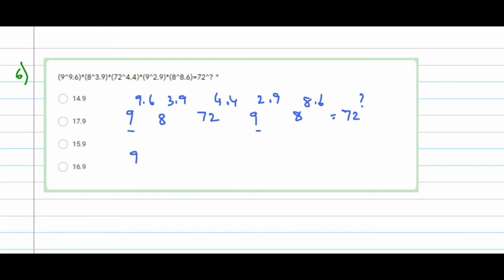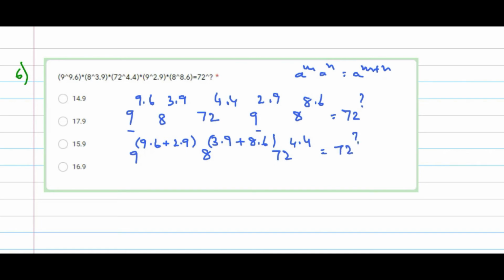So let me take 9 power 9.6 plus 2.9. According to the formula, a power m into a power n is equal to a power m plus n. Similarly, 8 is also there and it is also 3.9 plus 8.6 and 72 is also there, it is 72 power 4.4 which is equal to 72 power how much?